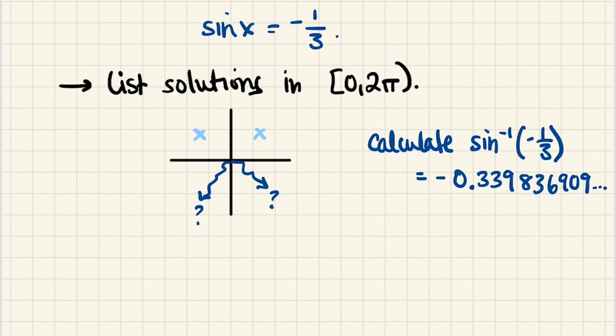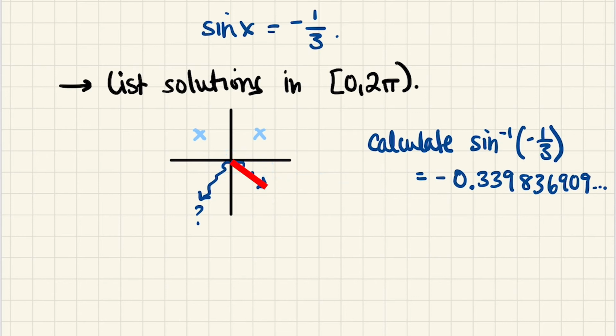Well, remember, if you give a negative ratio to inverse sine, it's going to generate a negative fourth quadrant angle. So what we have here is actually this negative angle right here. There's our negative 0.339 radians. Now what we really want is this positive angle that's coterminal to it. So what we're going to do is add 2 pi to our answer, and that's the angle we want here.